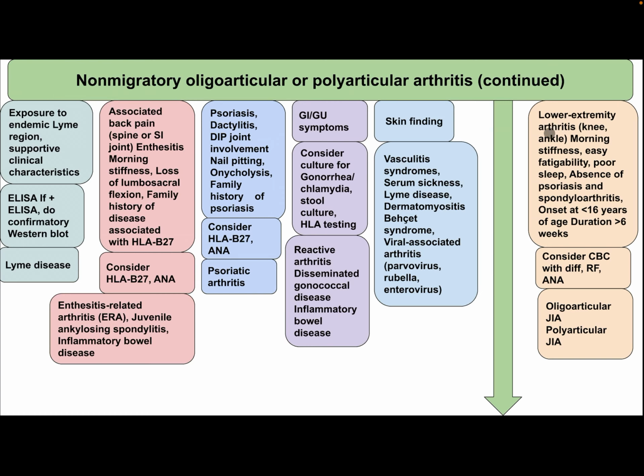If patient has lower extremity arthritis, knee, ankle, morning stiffness, easy fatigability, poor sleep, absence of psoriasis and spondyloarthritis, onset before 16 years of age, and duration more than 6 weeks, the patient needs complete blood count with differential, rheumatoid factor, and ANA. Differential diagnosis: juvenile idiopathic arthritis, oligoarticular or polyarticular according to the joints involved.